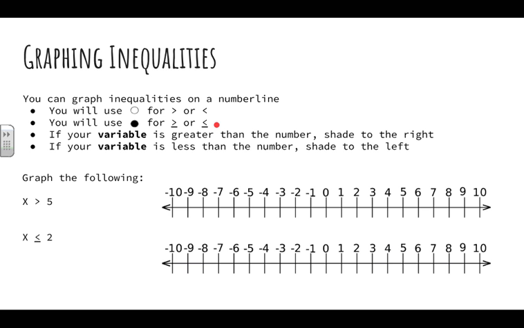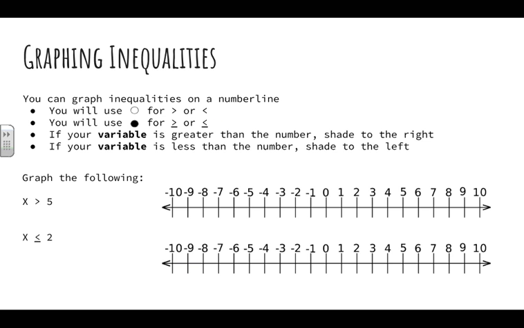The reason is that we circle the number indicated in our inequality. With the open circle, that number is not included, and with a closed circle, that number is included. So if your variable is greater than the number, shade to the right, and if your variable is less than the number, shade to the left.